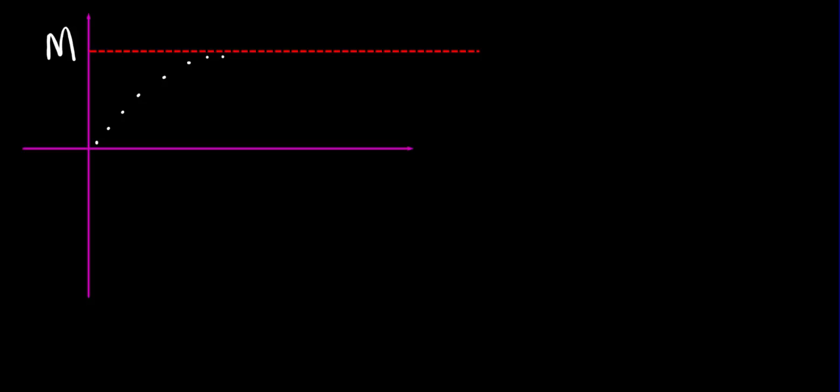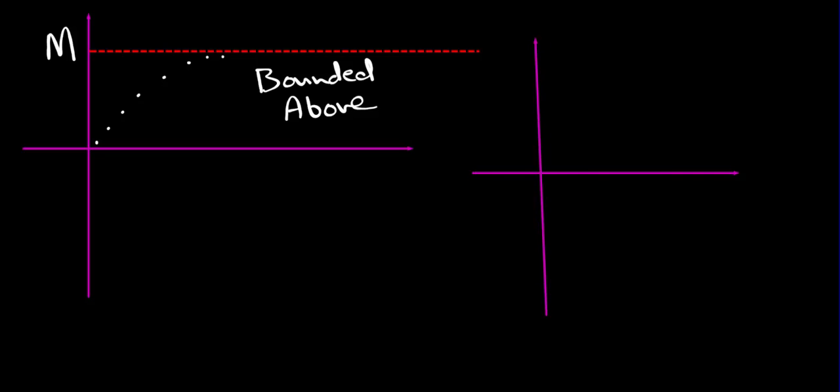We say that's bounded above. That particular sequence there is monotonic and bounded. Now let's look at a sequence that's bounded above but not monotonic.